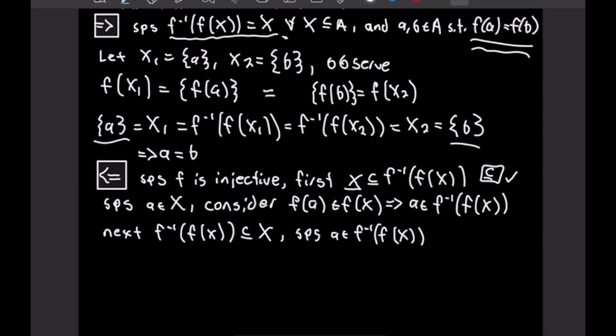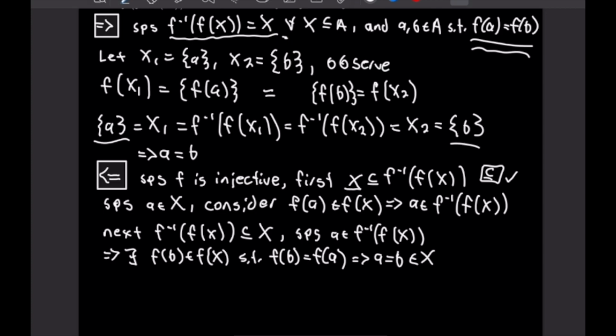And so here is where we're going to use injectivity. So that means that there exists an f of b, which is in f of x, such that we have f of b is equal to f of a. But we know since this function is injective that immediately implies that a is equal to b, but we know that b is in x, which means that we have proved that a is in x.